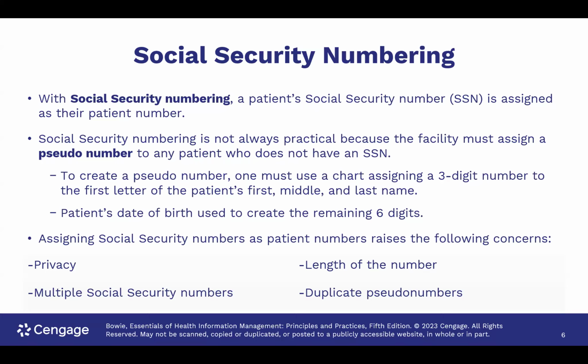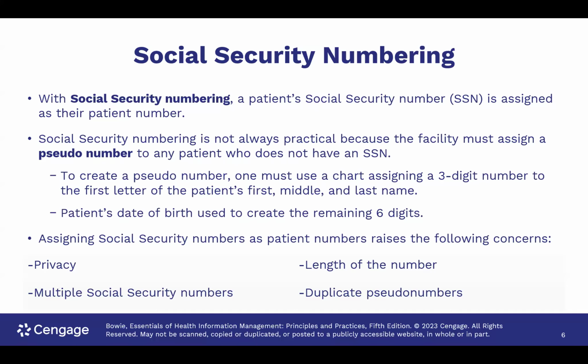It's their patient number. It's not always practical because facilities must assign a pseudo number to any patient who doesn't have a Social Security number. If you have somebody visiting from Canada and they don't have a Social Security number, you've got a little bit of a problem. You have to assign kind of a fake number.